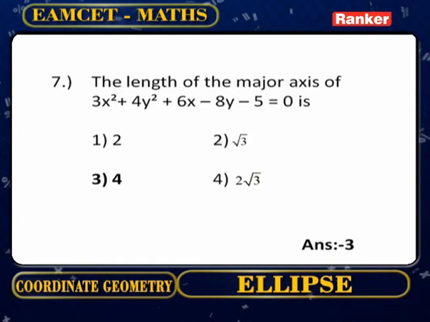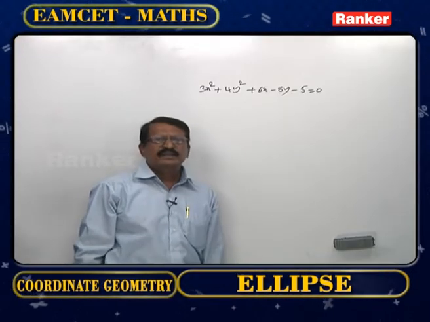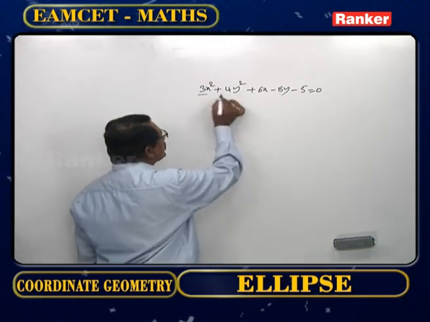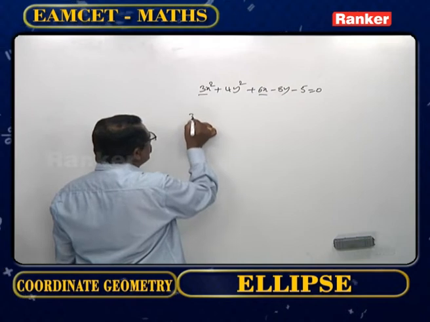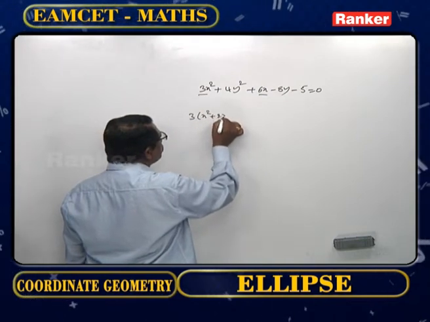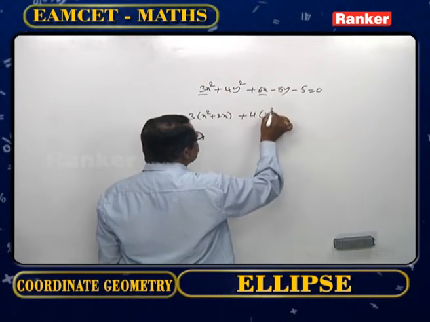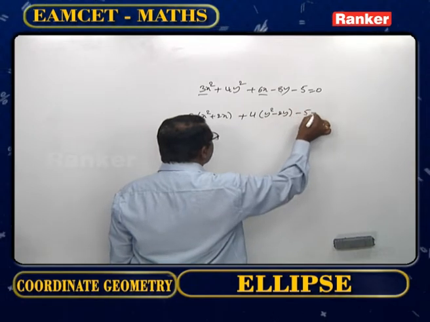The length of the major axis of 3x square plus 4y square plus 6x minus 8y minus 5 equals 0. Now we need the required length of the major axis of the ellipse. Converting the given equation into standard form: 3x square plus 6x, 3 common, x square plus 2x; and 4y square minus 8y, 4 common, y square minus 2y; minus 5 equals 0.